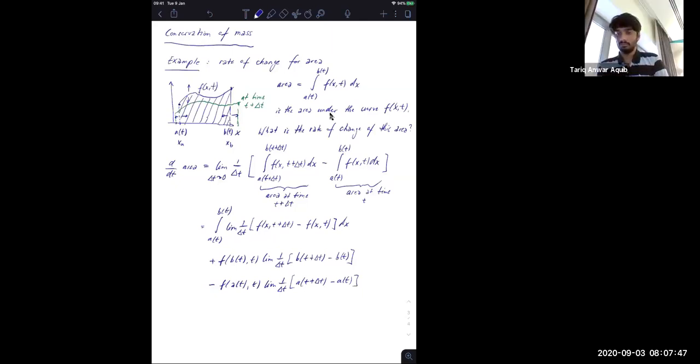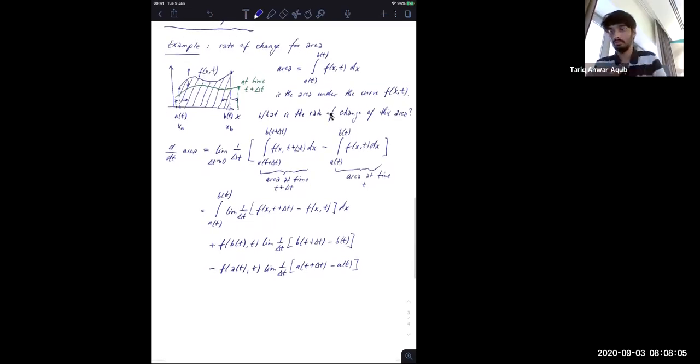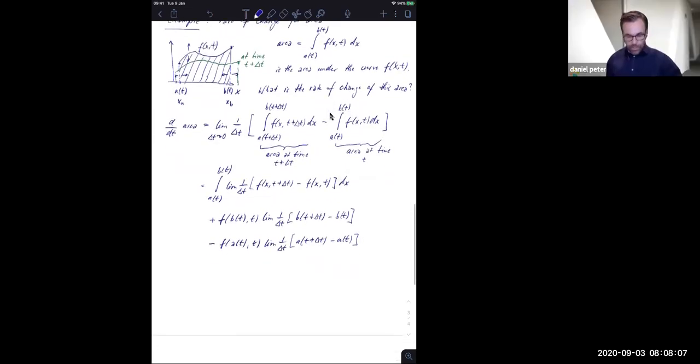So we split it into a part where we keep the boundaries fixed and then look at the part on the right side and the part on the left side. And you have to be careful with this sign change, basically. Good.